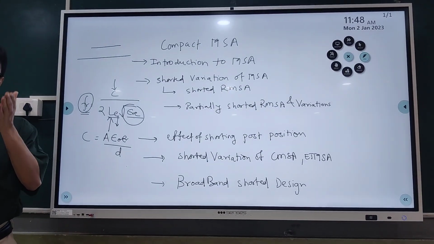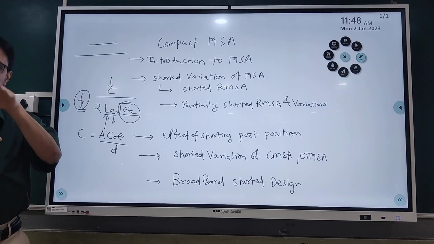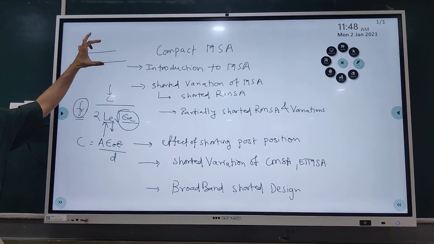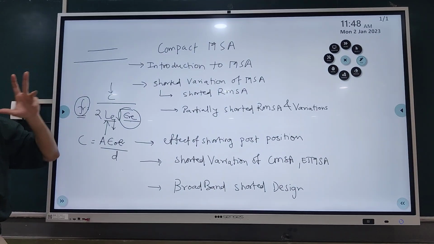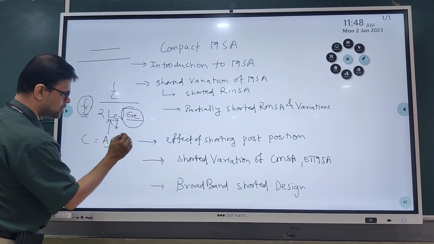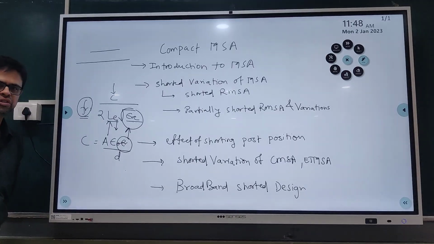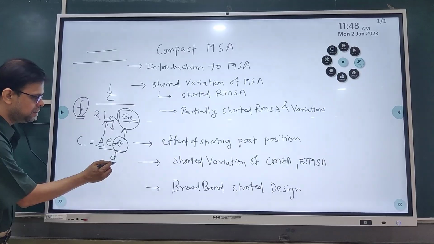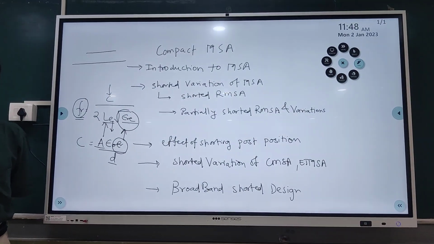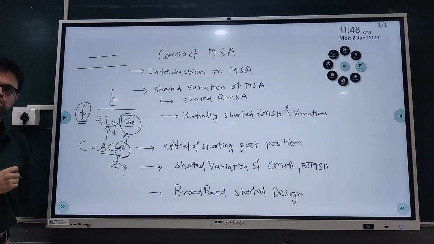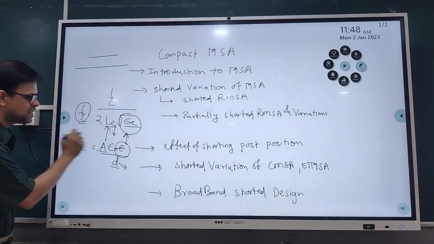It represents the capacity to hold the charge within the cavity. Microstrip antenna is like a resonant cavity, so it will have some capacitance, it will have some inductance. Now suppose, in this case, I use a higher value of dielectric constant, keeping other parameters as per the design frequency, of course this will be as per your substrate which is chosen, and this will be as per the design frequency.